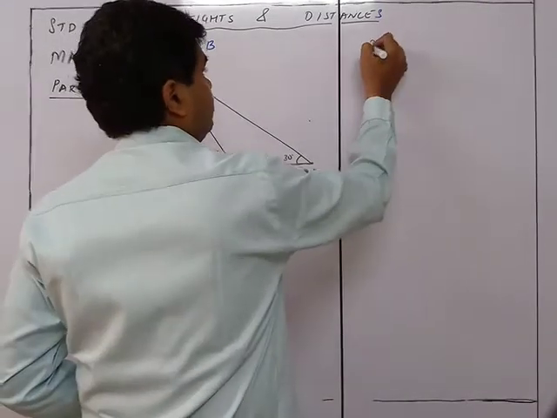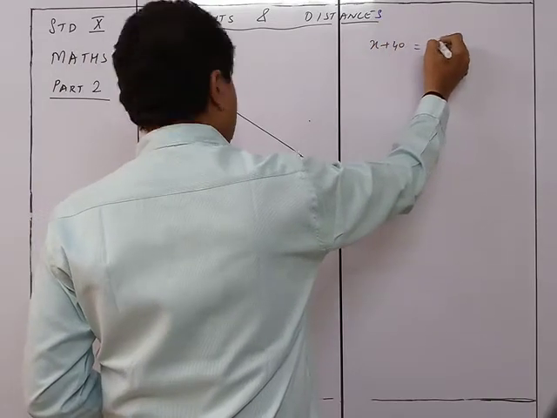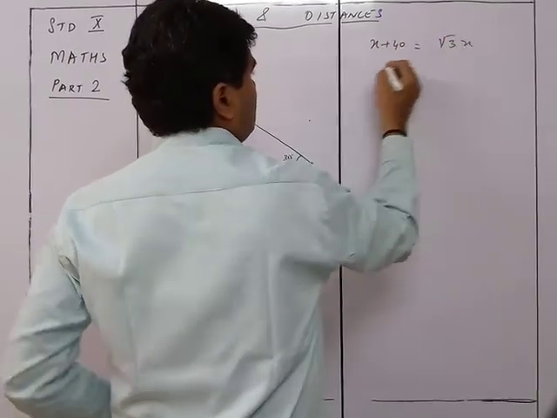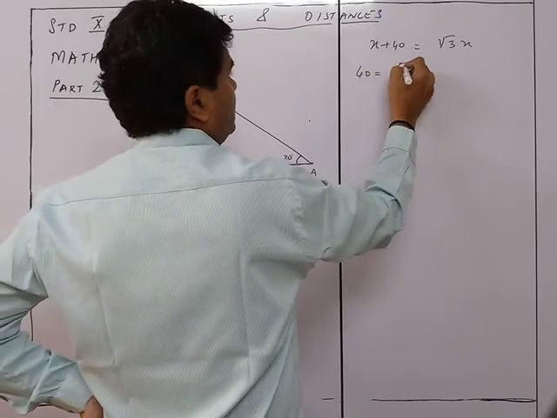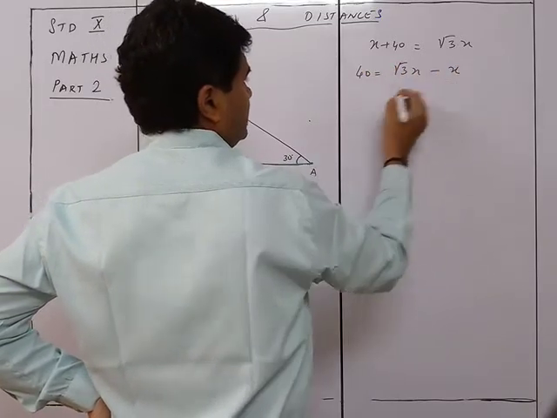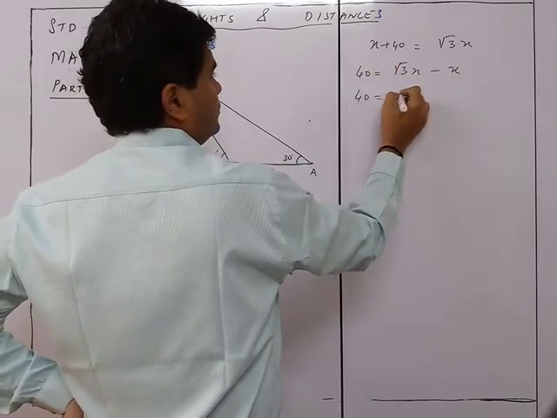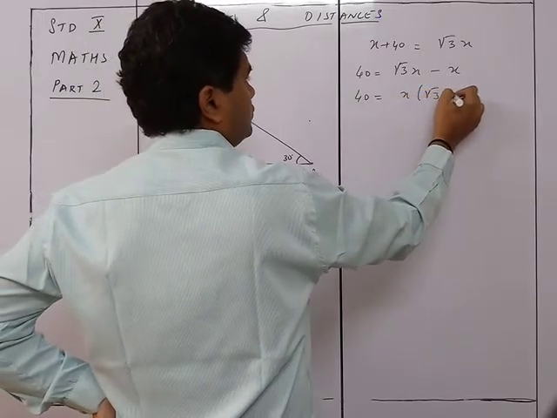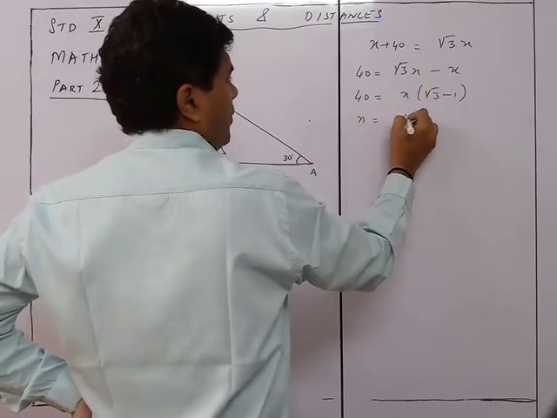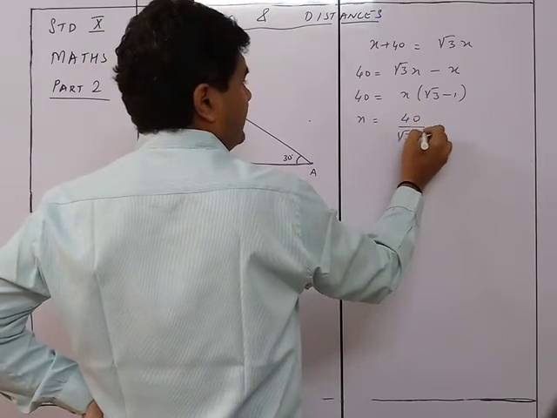So we get x plus 40 is equal to root 3 x. So 40 is equal to root 3 x minus x. So 40 is equal to x into root 3 minus 1. So x is equal to 40 upon root 3 minus 1.